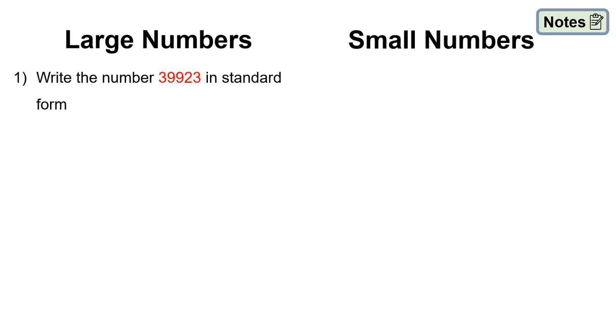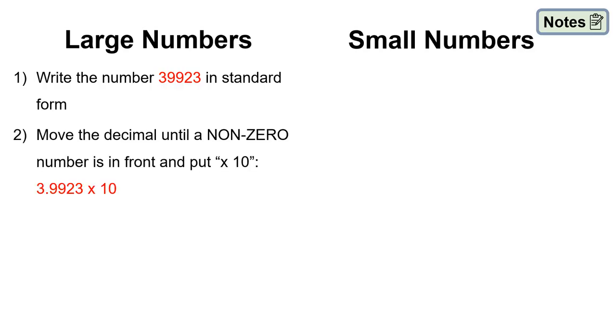Let's look into writing the number 93323 in standard form. Firstly, you must know to move the decimal until a non-zero number is in front.